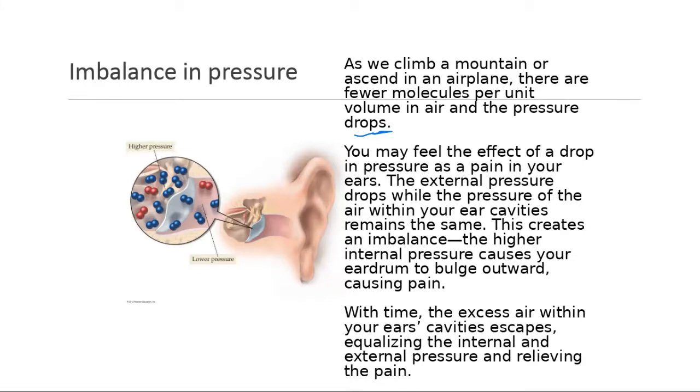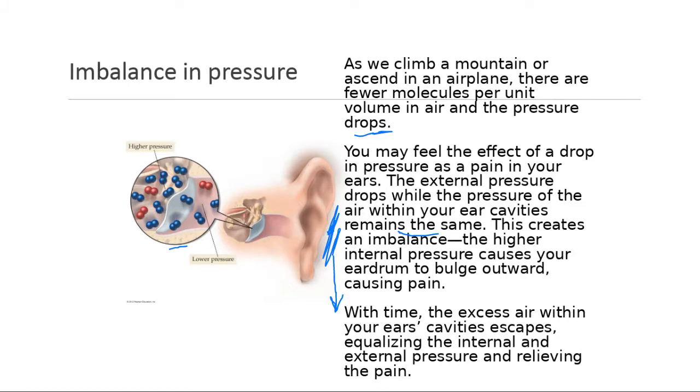Why will that happen? Because the external pressure outside will fall, will decrease, as we go up the mountain or we are in the airplane. The atmospheric pressure outside our body will drop, while the pressure of the air within your ear cavities remains the same.